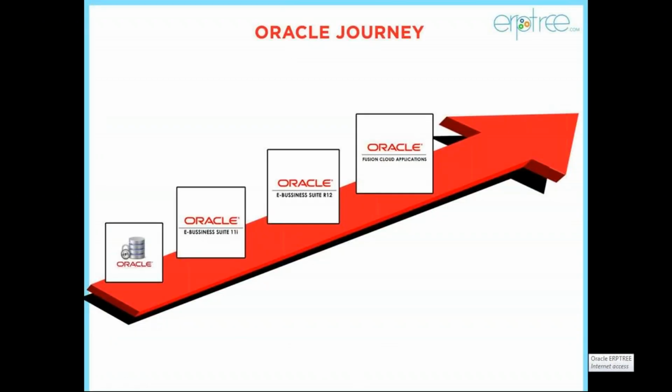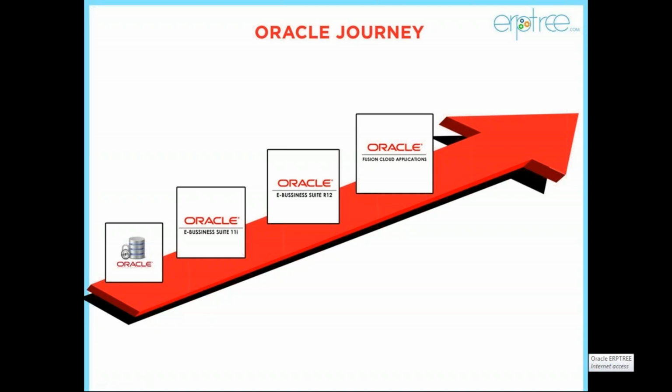Before we get into that, when you look at the Oracle journey, we know very well Oracle started as a database company. They came into the market as a database company. Later they started developing applications after seeing the good response from the market for Oracle database, and the initial release was e-business suite 11i.